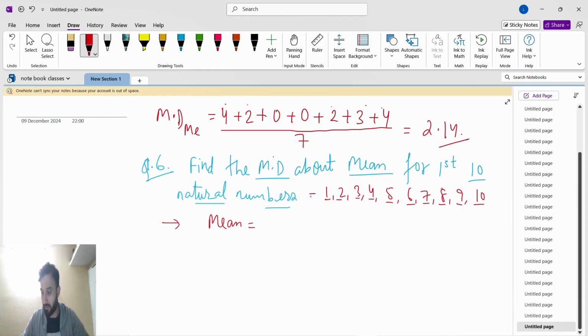Okay guys, sorry, 36 plus 9 is 45, 45 plus 10 is 55, divided by 10. It's 5.5. Sorry guys, it's not 5.4, it's 5.5. So if you are not good at math, please use the calculator.